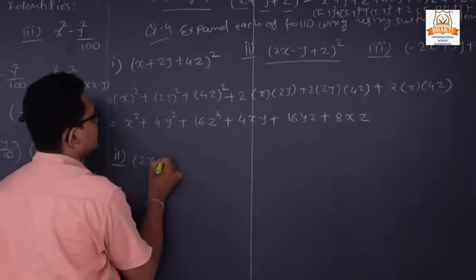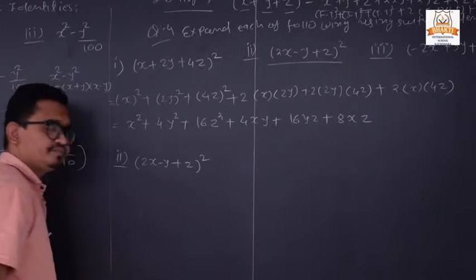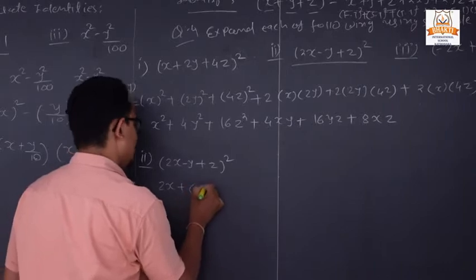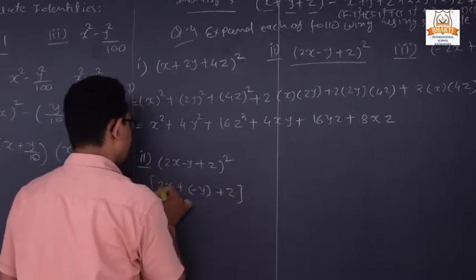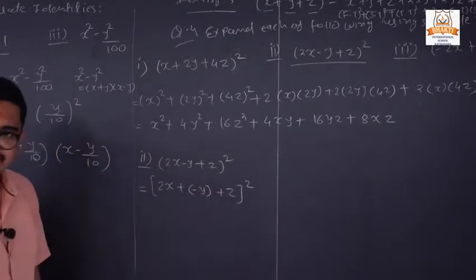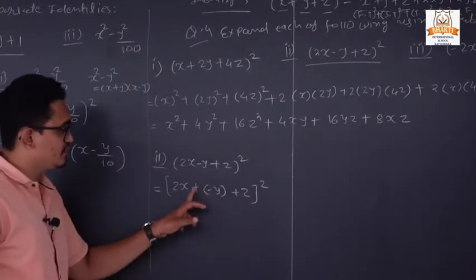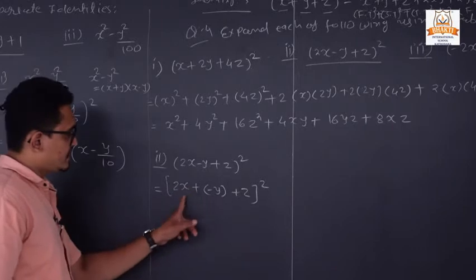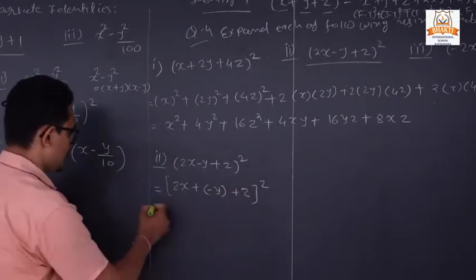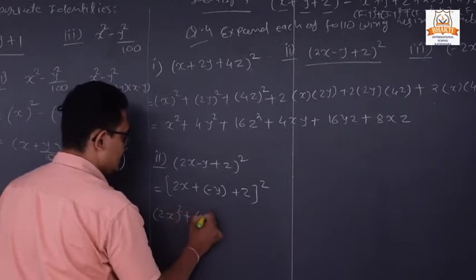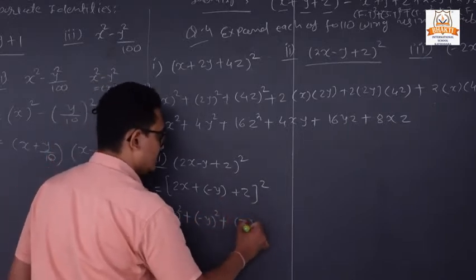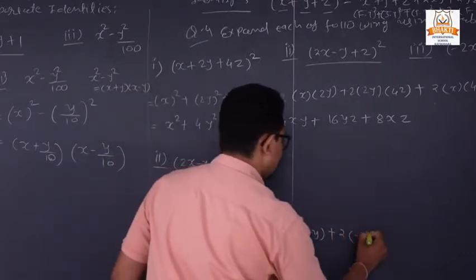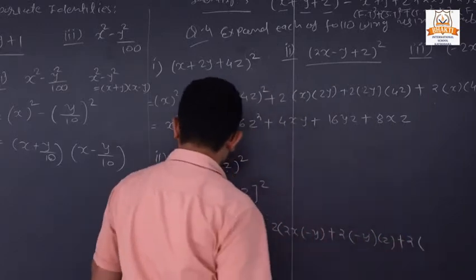Now next question number 2. Same: 2x minus y plus z all square. We can also write it like that: 2x plus in bracket minus y plus z all square. Clear? Plus in bracket minus, because plus minus remains minus. So now apply the identity: first term square plus second term square plus third term square plus 2 into first term into second term plus 2 into second term into third term plus 2 into first and third.